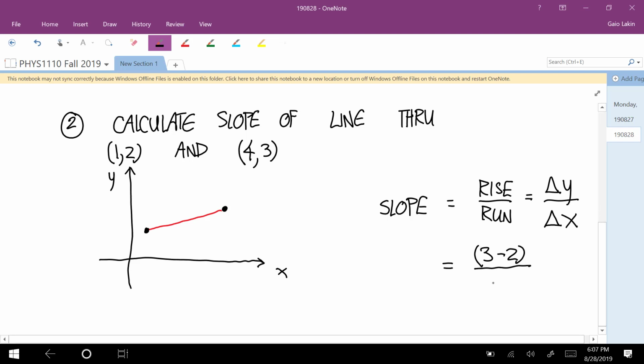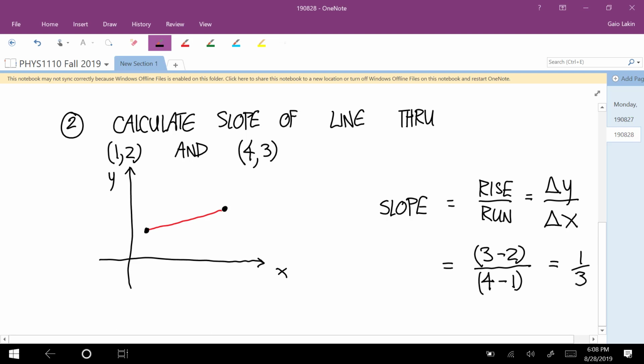So this is going to be 4 minus 1. And so the numerator of that fraction is positive 1. The denominator is positive 3. And so the slope here is 1/3.